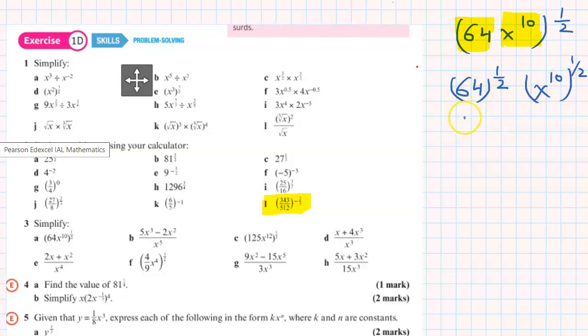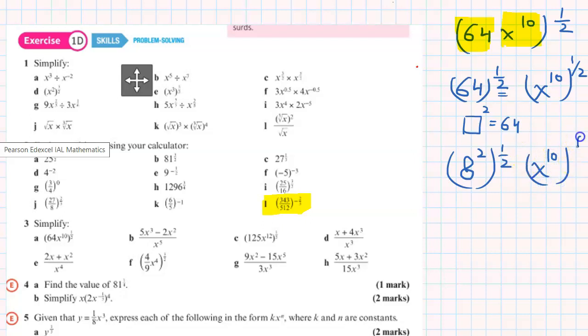Now same thing, what number when we square gives 64? You know that 8 is the answer. So this one will be 8 squared to the power half, and this will be x to the power 10 and 1 over 2.